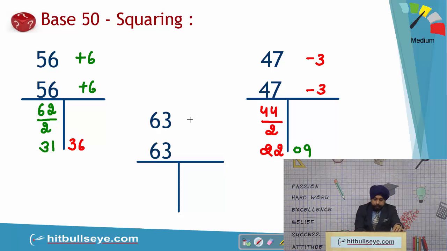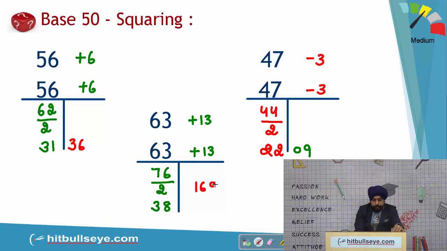Moving on, 63. So this is plus 13. Now 63 plus 13 becomes 76. We half it, students, to get 38. Now mind it, the square of 13 or 13 into 13 becomes 169.